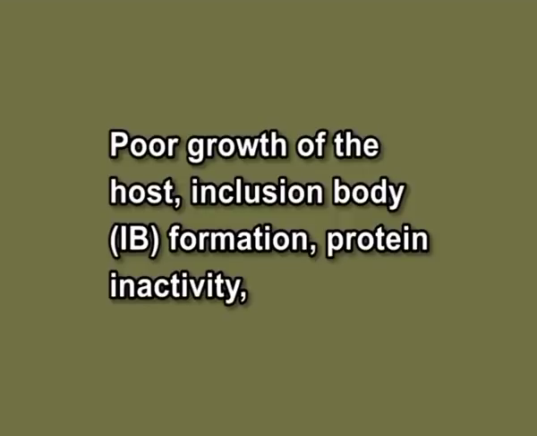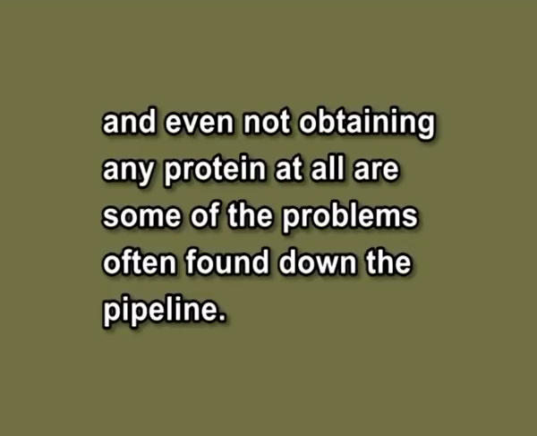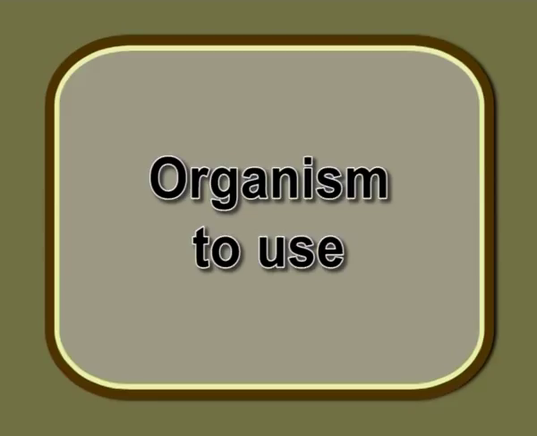In practice, however, dozens of things can go wrong. Poor growth of the host, inclusion bodies formation, protein inactivity, and even not obtaining any protein at all are some of the problems often found down the pipeline. Yet, in the fields of recombinant protein expression and purification, progress is continuously being made.